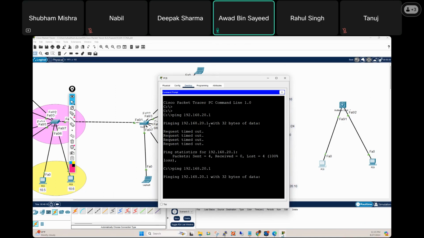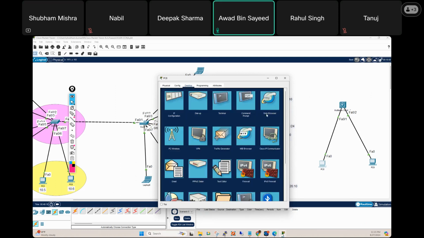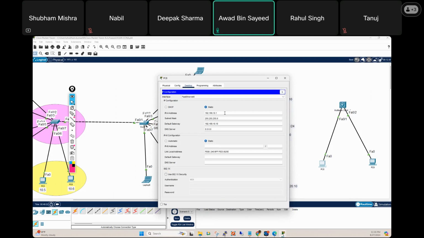So can we check the IP of the PC? I have a doubt that instead of 168, it is 169. Sorry, instead of 168, it was 169, I think, the PC's IP. 192.168, yeah. 10.1, and here also 168.